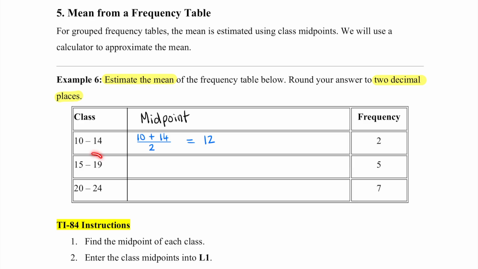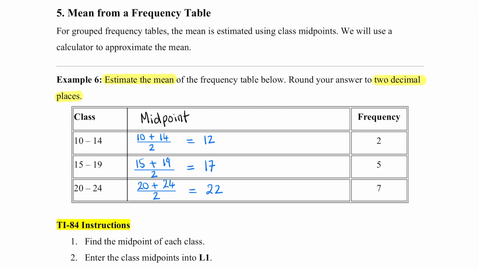To find the class midpoint for this class, we take 15 plus 19 divided by 2. That equals 17. To find the class midpoint for this class, we'll take 20 plus 24 divided by 2. And that is 22.